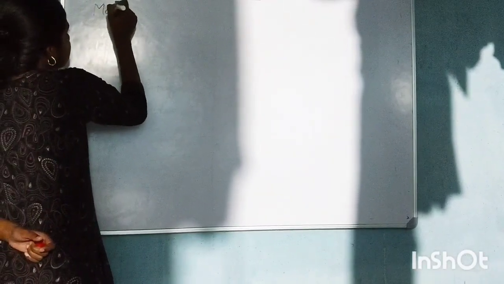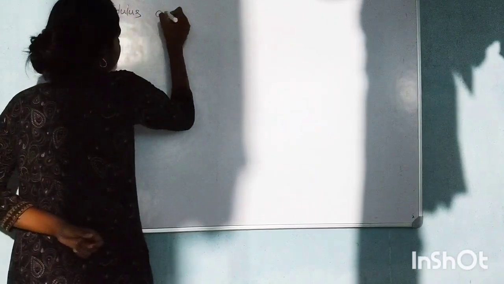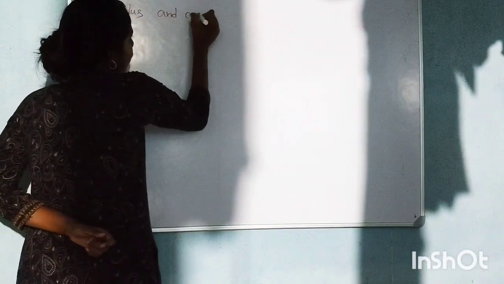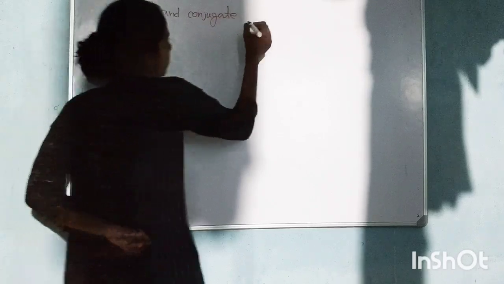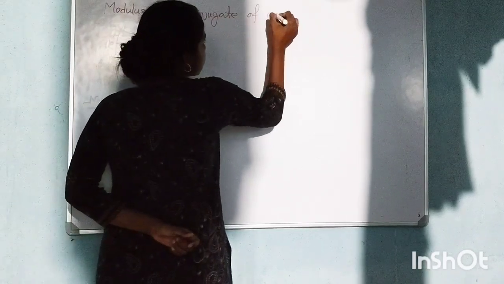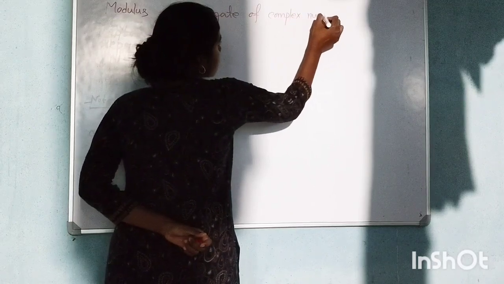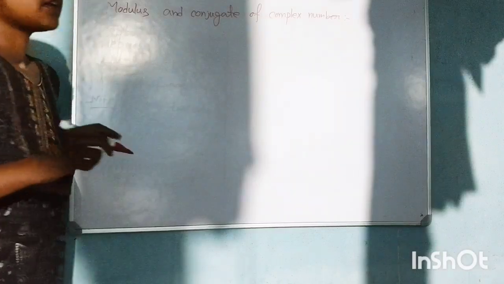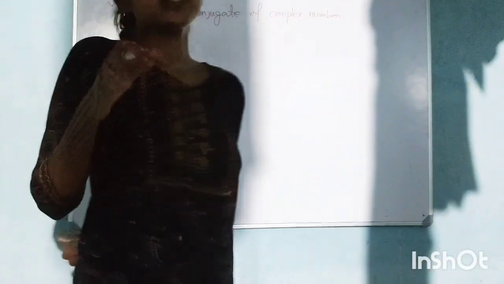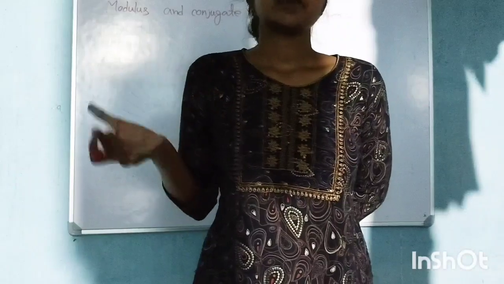Modulus and conjugate of a complex number. We already know that we can represent every complex number as z equal to a plus ib.